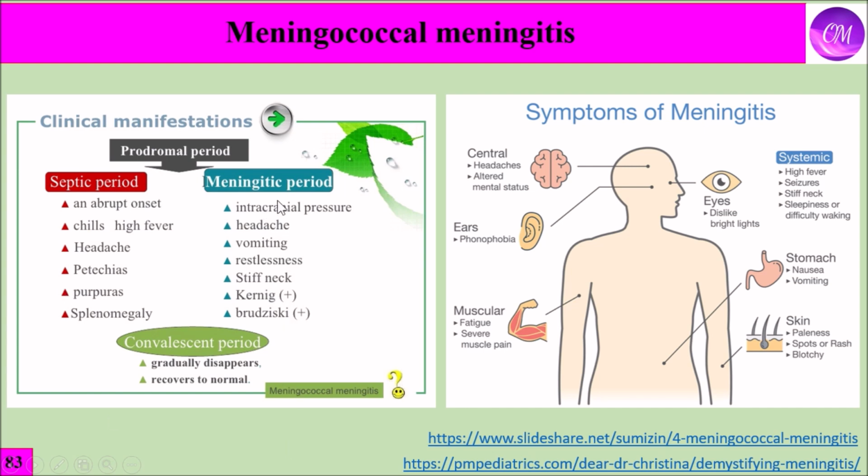The meningitic period is characterized by intracranial pressure, headache, vomiting, restlessness, stiff neck, and positive Kernig and Brudzinski symptoms. In the recovery or convalescent period, they gradually disappear and recover to normal conditions.